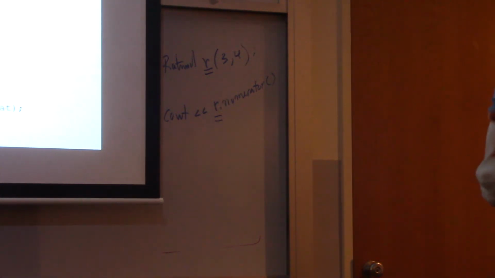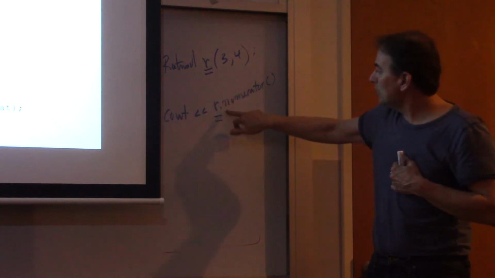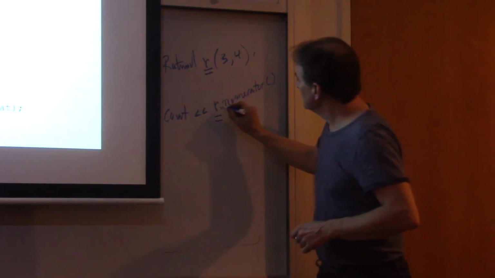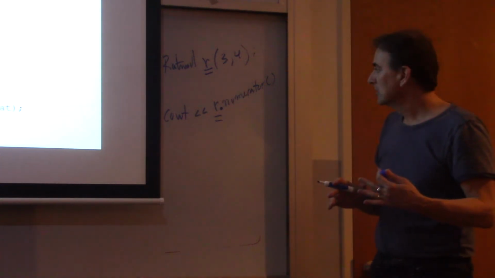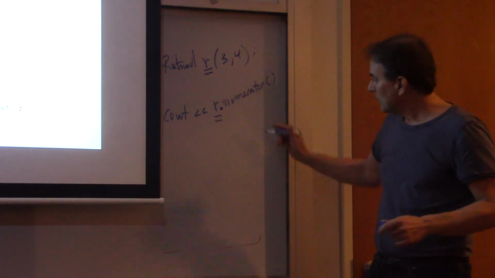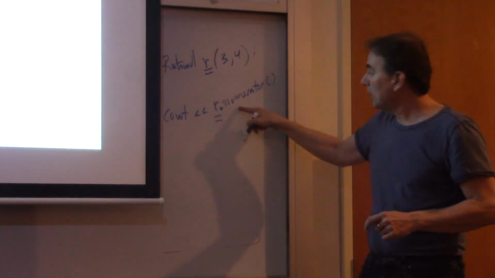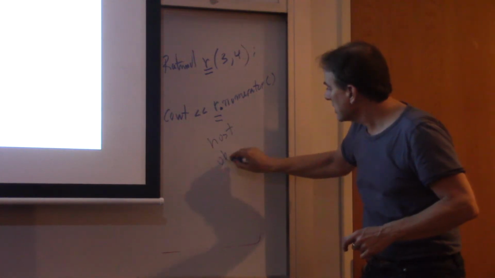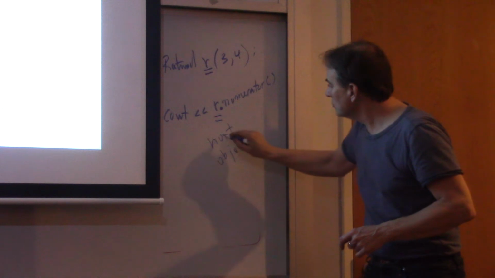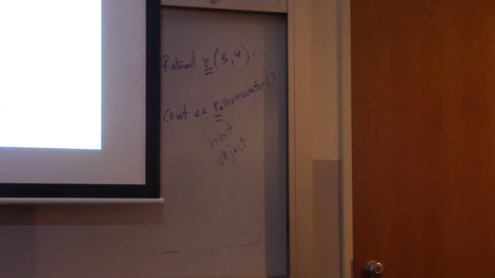The terminology that I want you to get used to is when an object, like this rational object R, is invoking a method, is calling a method, is calling a function, we typically refer to the object that's calling the method as the host object. So the host object is the object that is invoking the method.